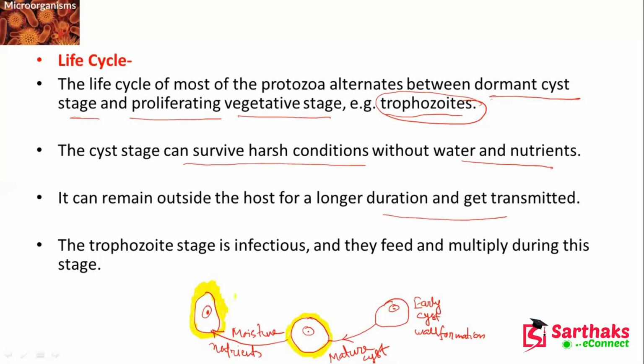The cyst wall breaks open, and then the trophozoite is reactivated. Then it becomes like this.